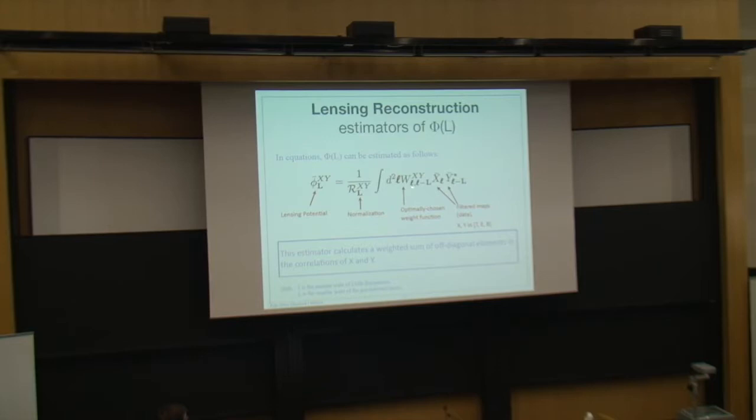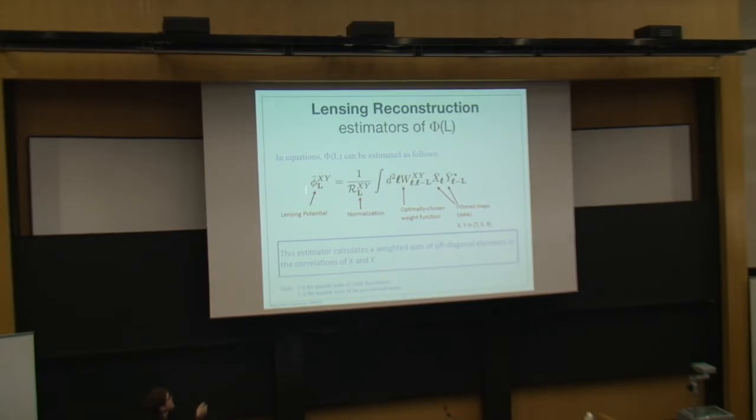The way this works is that lensing introduces correlation between modes that was not there in the unlensed maps. So the estimator simply measures that off-diagonal correlation between two fields. When people say quadratic estimator, we're putting in two maps of CMB fields, looking at their correlation, and then taking a weighted sum of the off-diagonal elements of these two maps in order to reconstruct a map of the lensing potential.